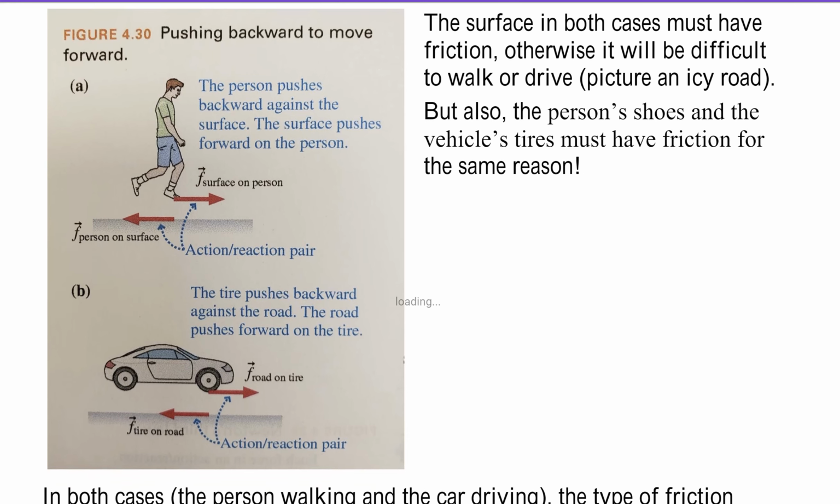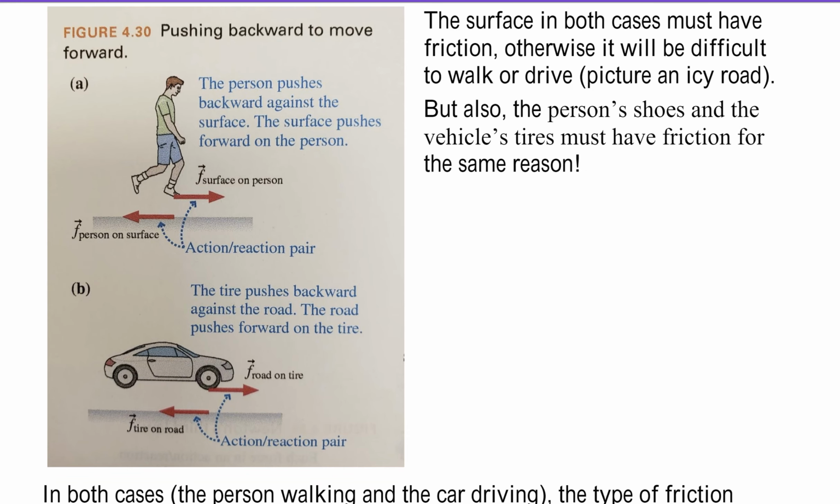Okay, so now we have this one. In the picture, we are walking. So we've got this dude, I don't know how that guy is walking, probably going to have problems later in life, but in order to walk, you are actually pushing backward against the surface that you're walking on.